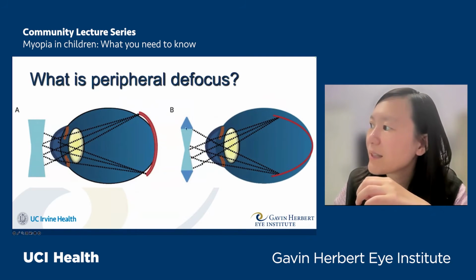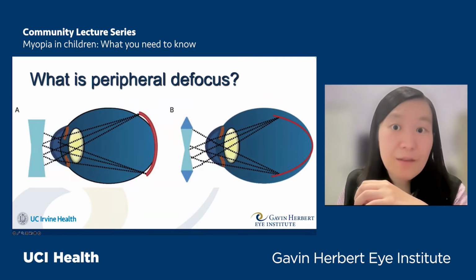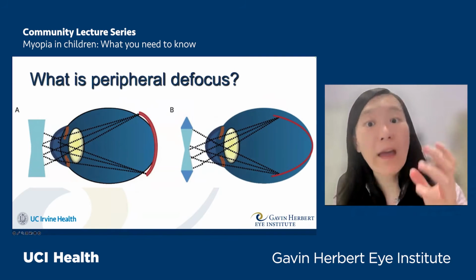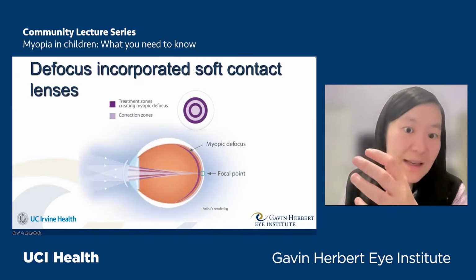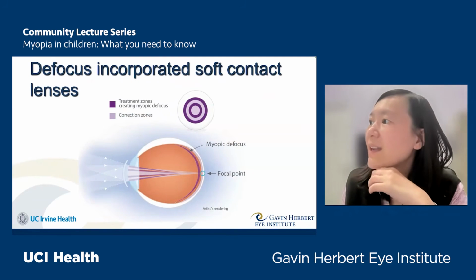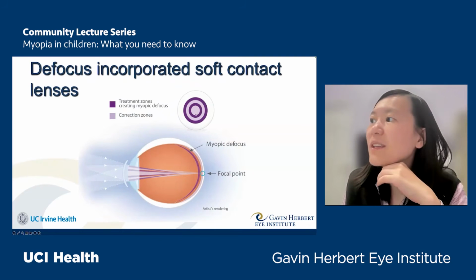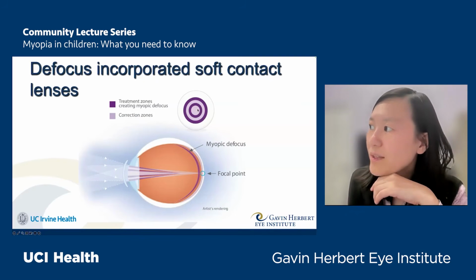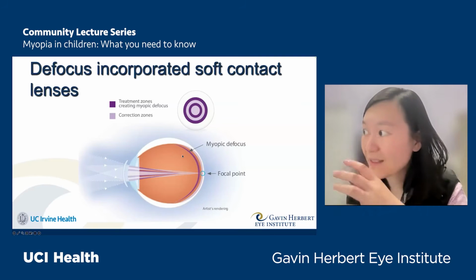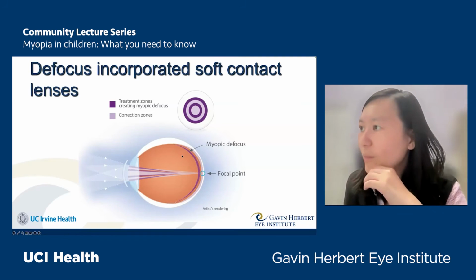But if you're able to get a lens that's a little bit different, perhaps we can bend the light differently to get the light to focus exactly on the retina everywhere. And that's the idea of this contact lens. It's really alternating zones of treatment, creating what we call a myopic defocus. So centrally, you are right on focus. Peripherally, you're less and less in focus, but in the ideal manner.